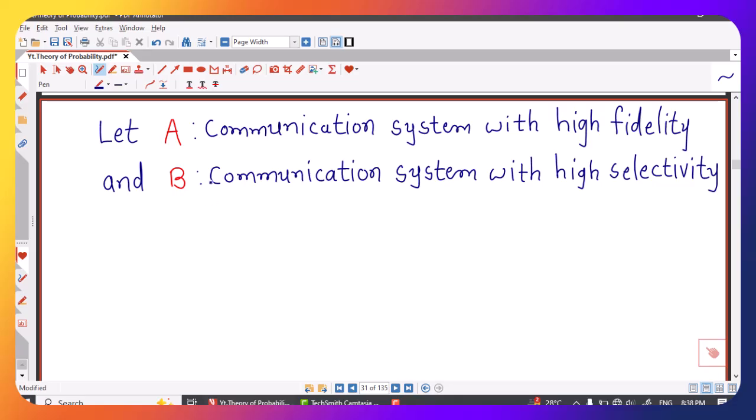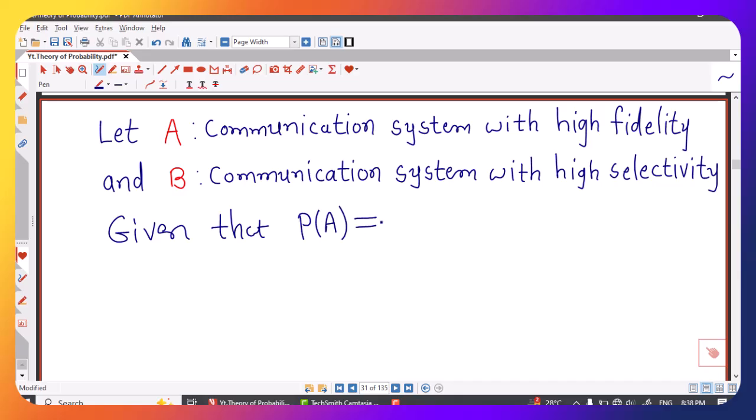First we define that event A denotes communication system with high fidelity, and the communication system with high selectivity is denoted by event B.